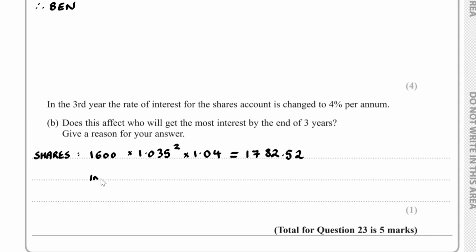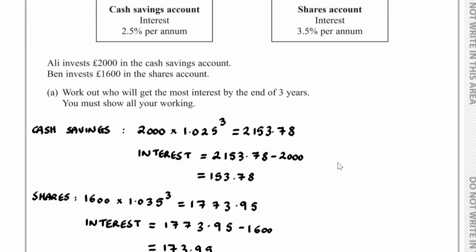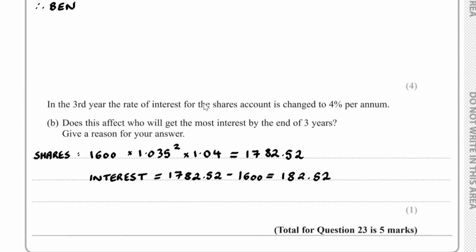So the interest in this situation is equal to 1,782.52 subtract 1,600, and if I work this out, we get 182.52. So who still gets the most interest? Well, that will still be Ben, so there's no effect.